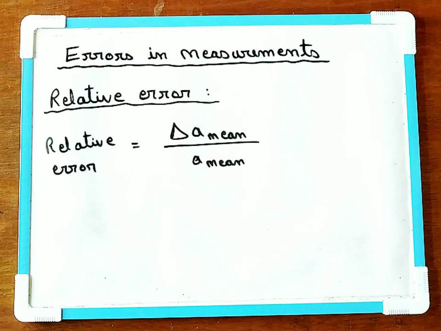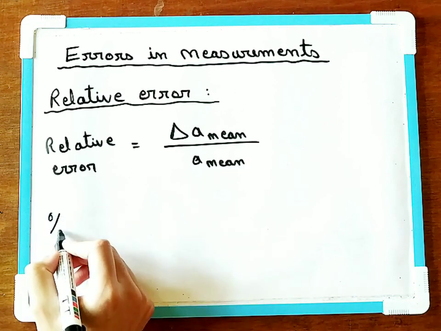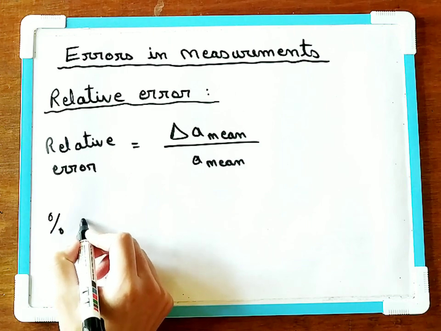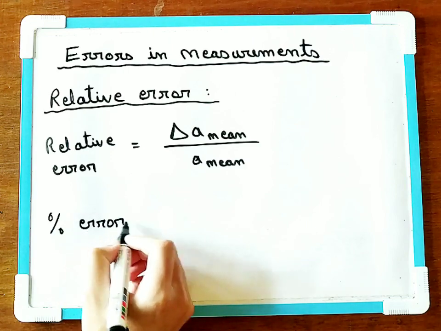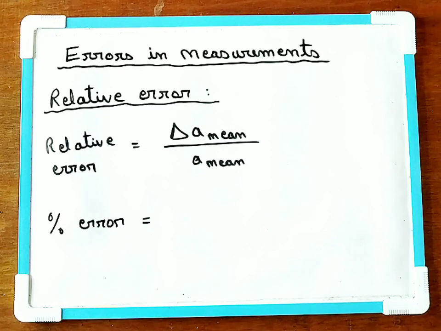Then we go to the next one. We can also express error in measurement in terms of percentage error. And in terms of percentage error, what you do here is just multiply this by 100.